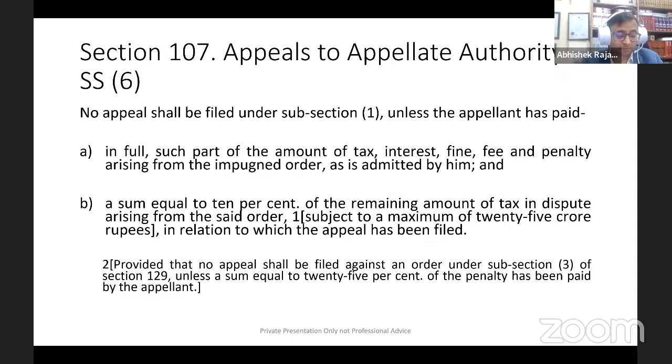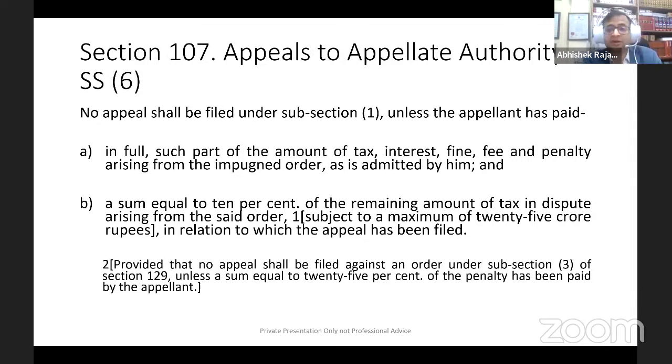Now coming back to GST laws. Okay. Maximum amount which has to be deposited. See, let's say there's a huge amount of liability. So the maximum amount is 50 crore rupees, 25 CGST, 25 SGST. Now, if the order has been passed under section 129, subsection 3, and you have got your goods and conveyance released on the basis of bank guarantee, usually they don't allow that.